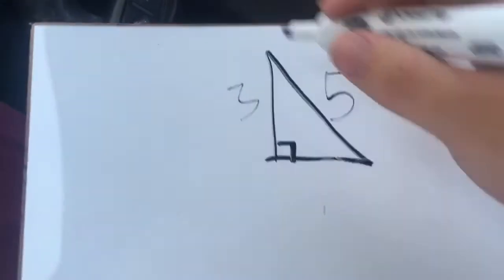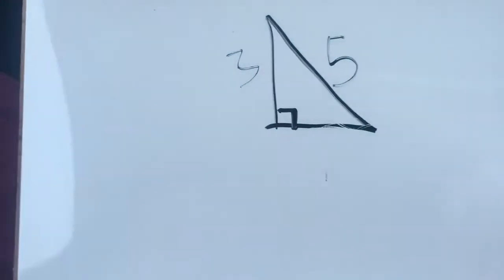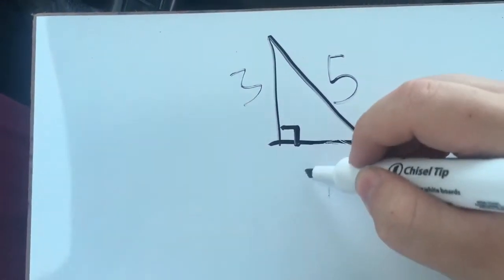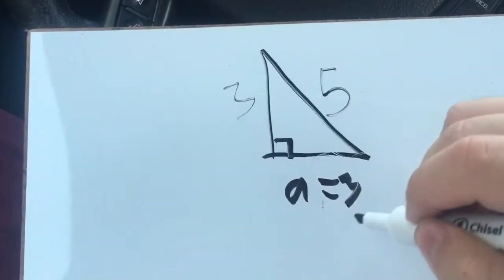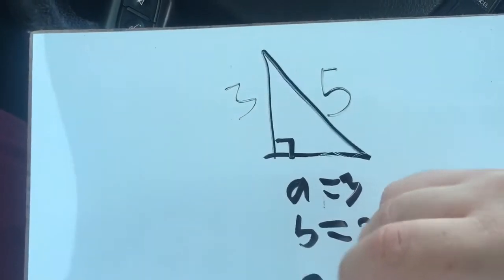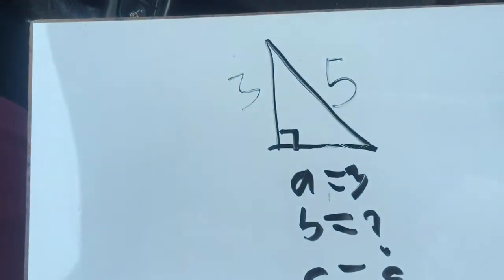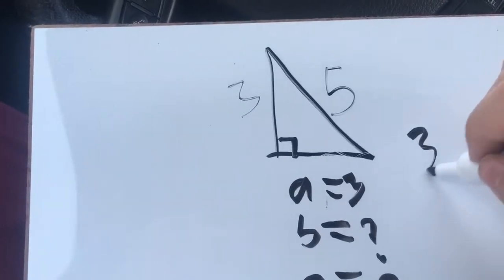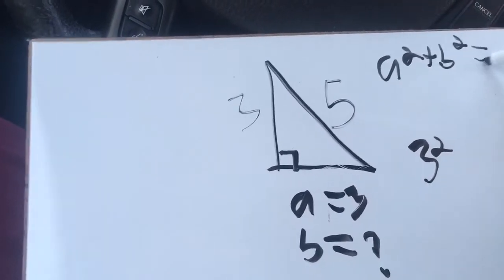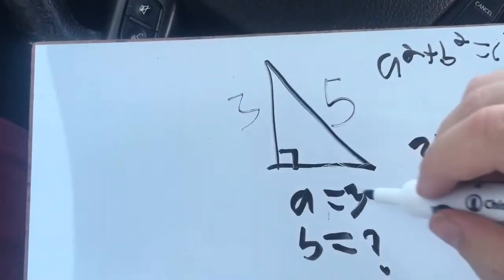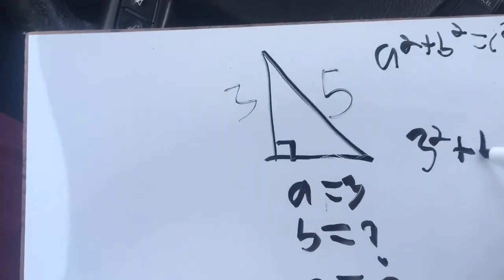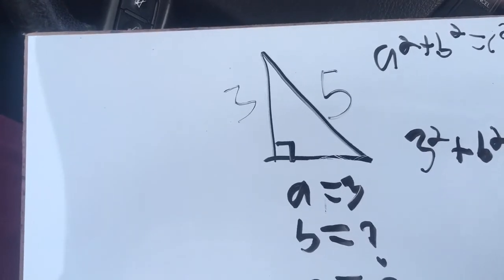Okay? So the hypotenuse is 5, this leg is 3. So, you use the Pythagorean theorem. A is equal to 3, B is unknown, and C is equal to 5. So 3 squared, remember a squared plus b squared is equal to c squared. A squared, a is 3, a squared is just 3 squared, plus unknown squared is equal to 5 squared.